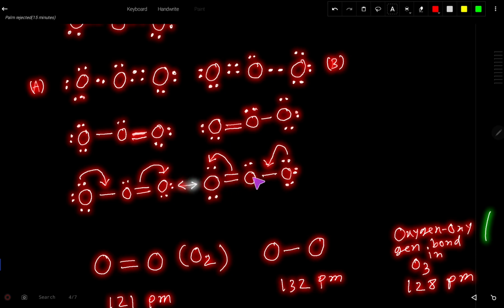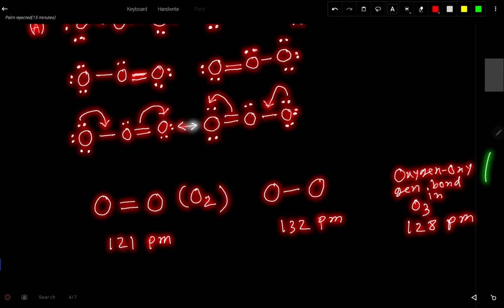So we'll get this structure. Again from this structure we'll get this structure, right? So O3 has 2 Lewis structures, right?